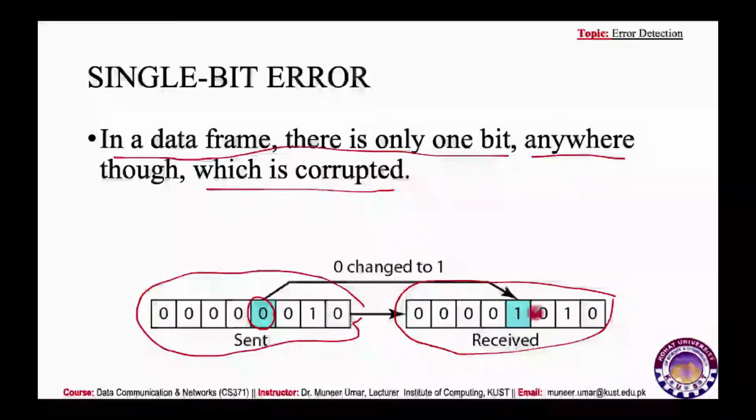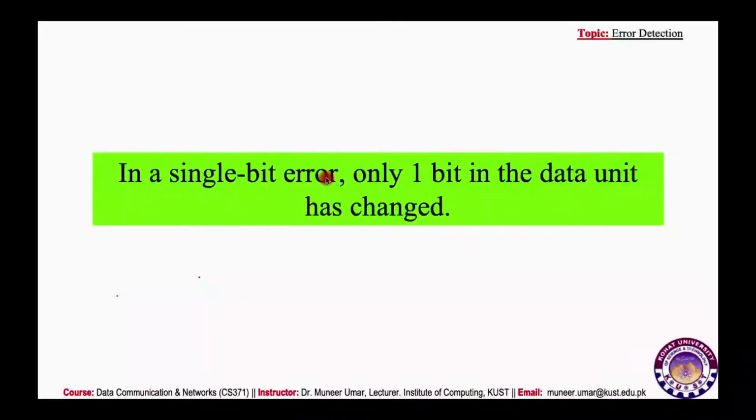Here we have 1 instead of 0. So this 1 bit is changed, and this error is a 1 bit error. In a single bit error, only 1 bit in the data unit has changed.